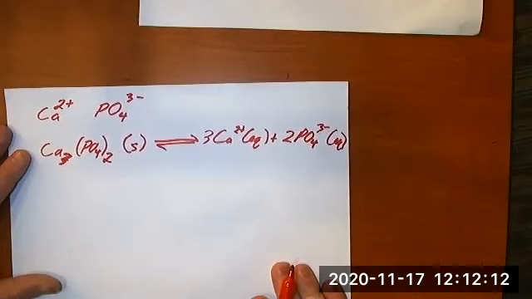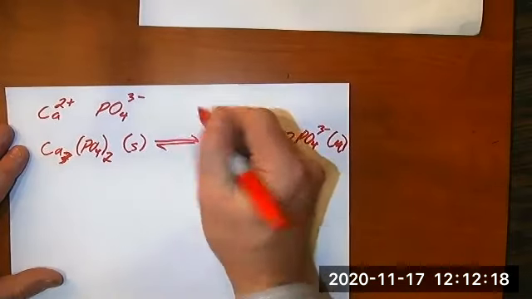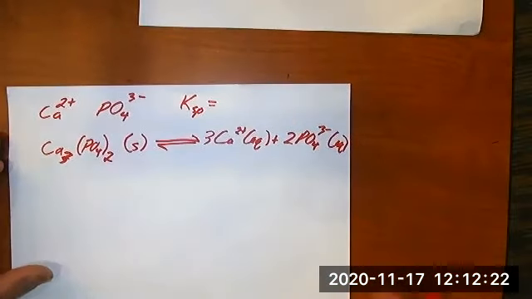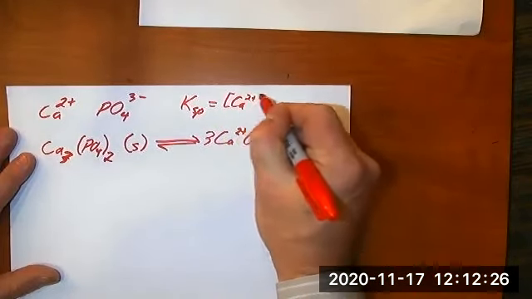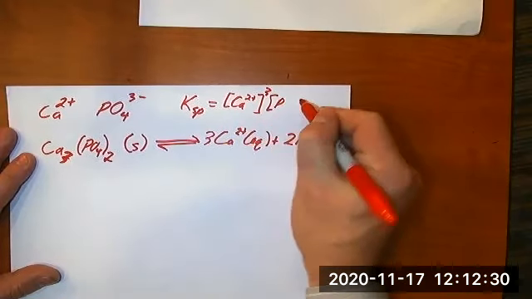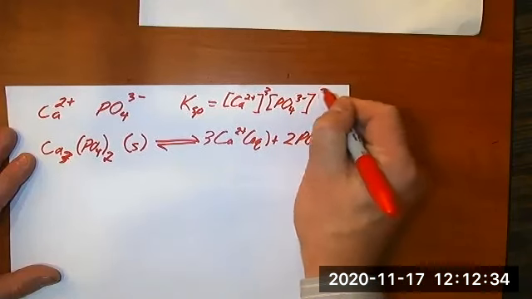So if we write down the equilibrium expression for this compound, we call this the KSP, for solubility product. We have the calcium ion concentration to the 3rd power, and we have the phosphate ion concentration squared.